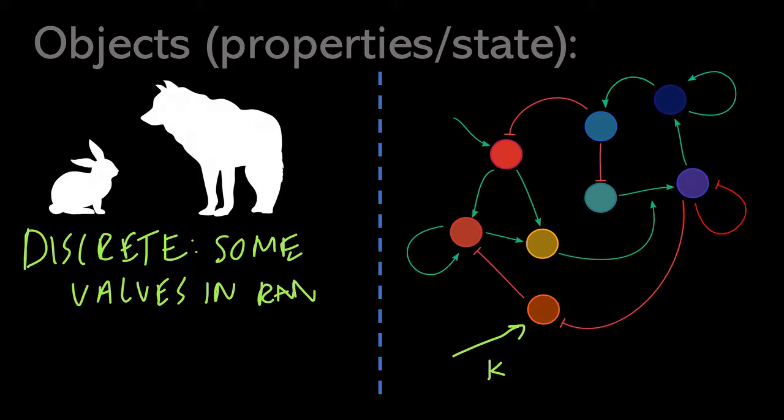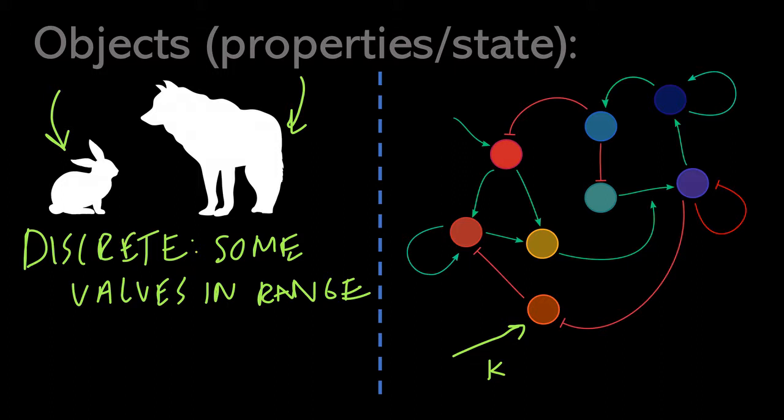And a good example of this would be the number of prey or the number of predators that we have in our model. You would imagine that you might be able to have 5 prey individuals or 10 predator individuals, but you probably wouldn't see 5.5 of an animal, you know.